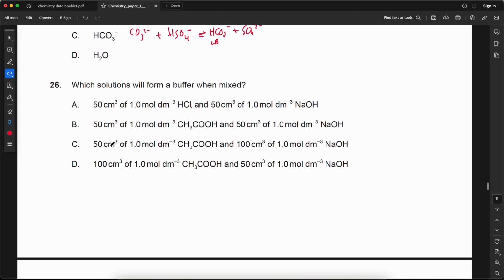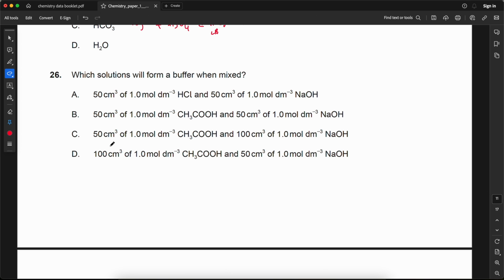Alright. Which solution will form a buffer when mixed? The first one has the same amount of moles because of the same concentration and same volume, and it is a strong acid and strong base, so it's a neutralization. For B, it is a weak acid and strong base, with the same concentration and the same volume, so the weak acid will be finished by the strong base.